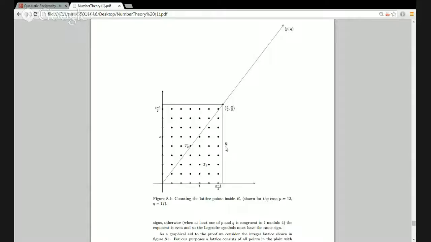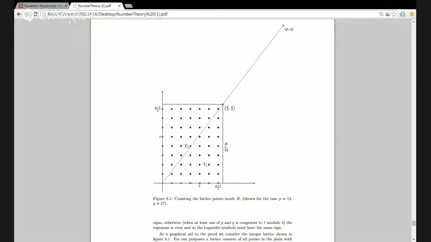Now, these multiples, j times q over p, are the points on this line at x coordinate j as you move across the picture. So there's a direct connection between these quantities and what's going on on the line. But it isn't just jq over p, it's the floor of jq over p, the largest integer smaller than jq over p.